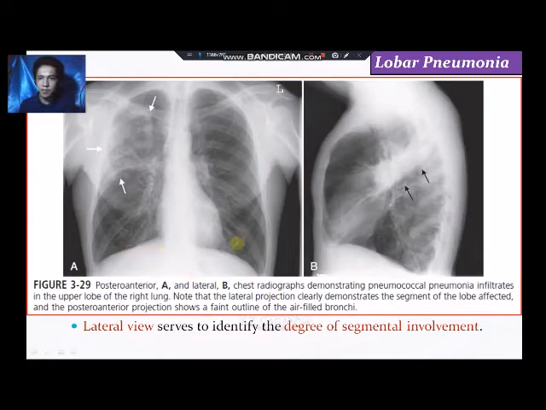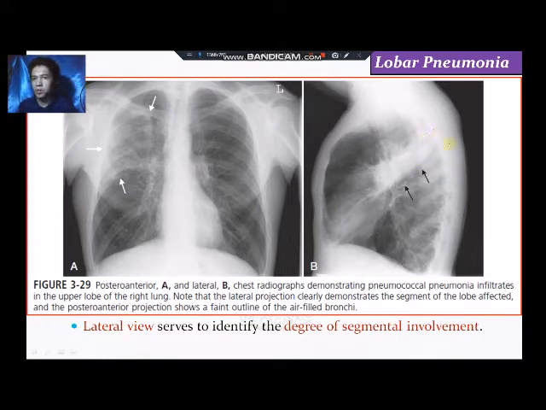Okay, so this is an example of a patient with lobar pneumonia. The lobes also have different segments. If the whole lobe is infected, then that can be termed lobar pneumonia. If only a segment of the lobe is infected, then that can be termed segmental pneumonia. This is a PA projection of a patient having lobar pneumonia, and this one is the lateral projection.